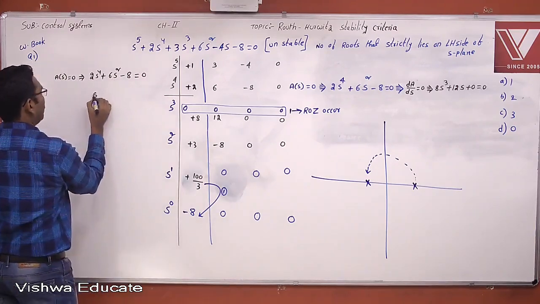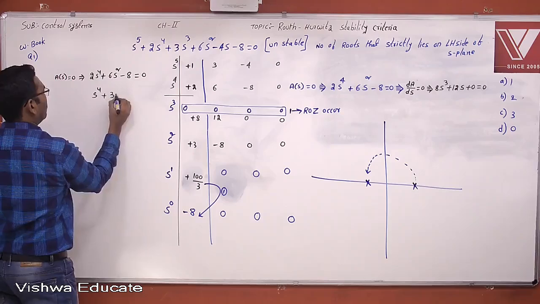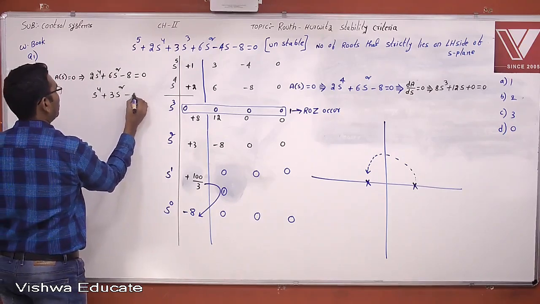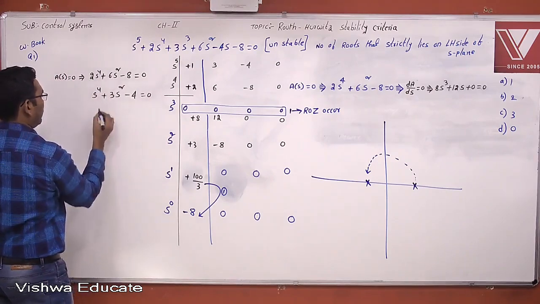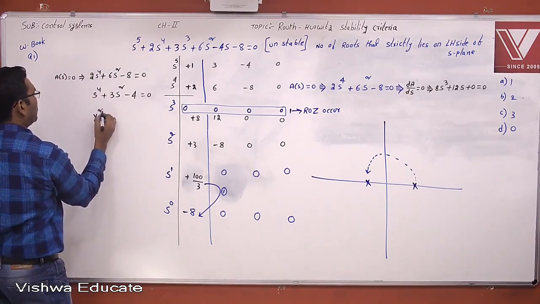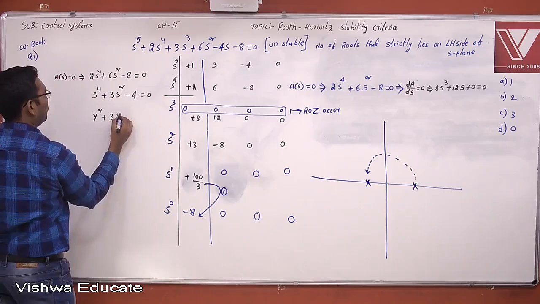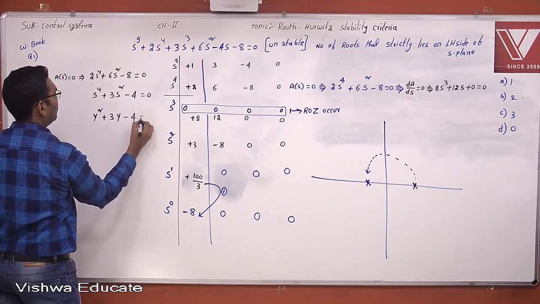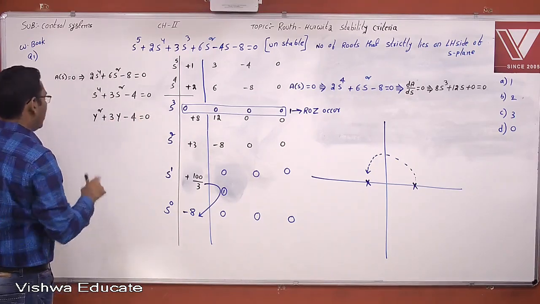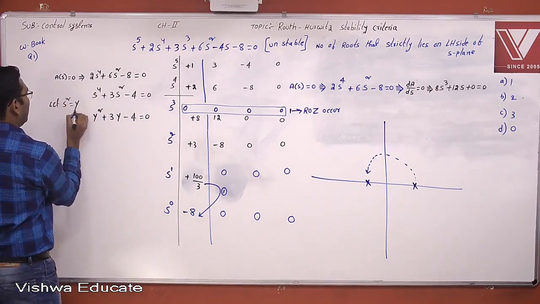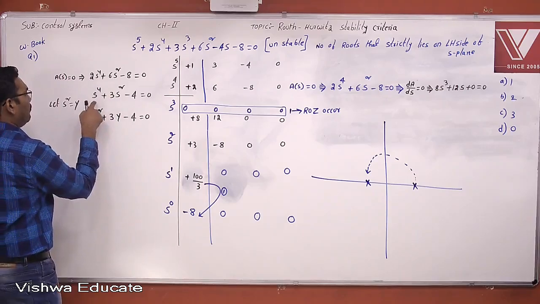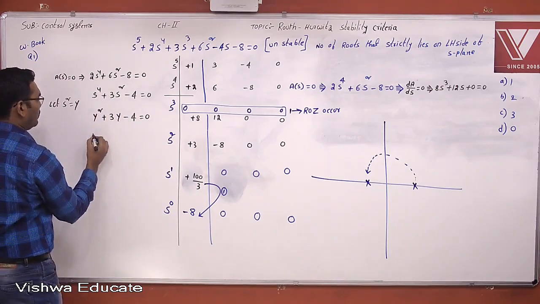Now this 2 is common: s^4 + 3s^2 - 4 = 0. Let us take s^2 equal to y, so y^2 + 3y - 4 = 0.